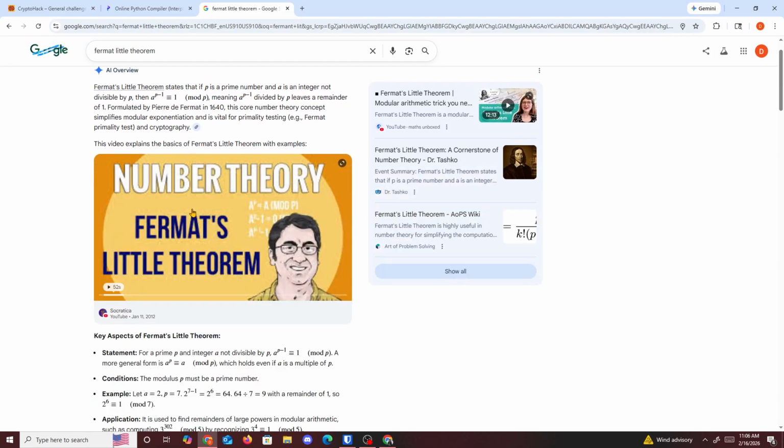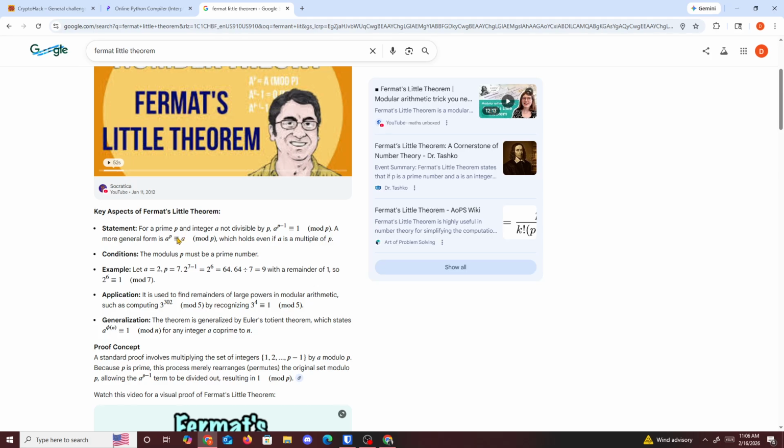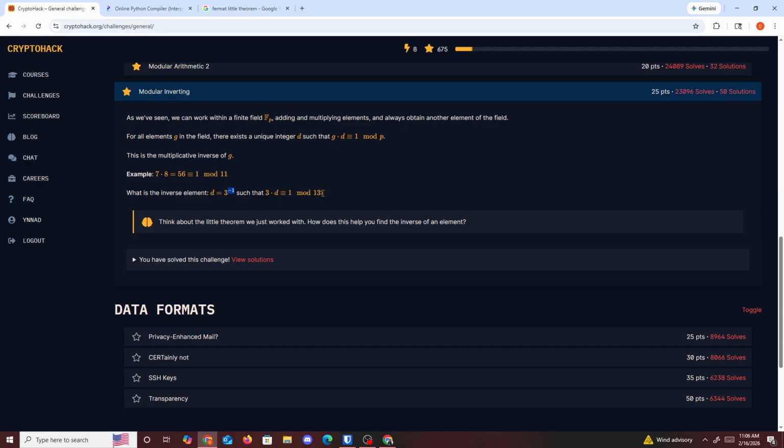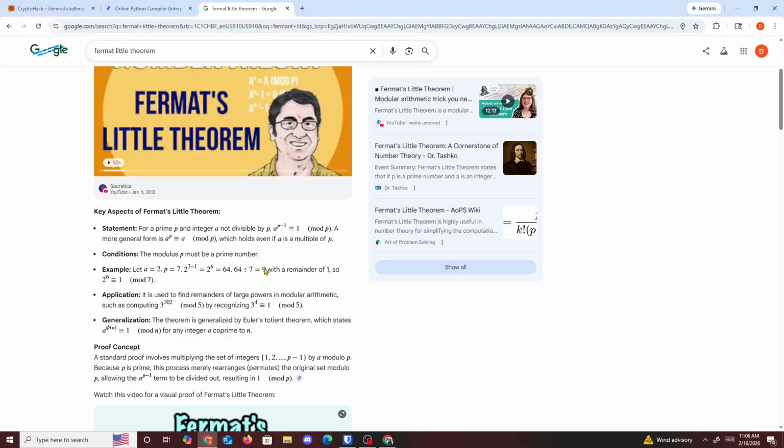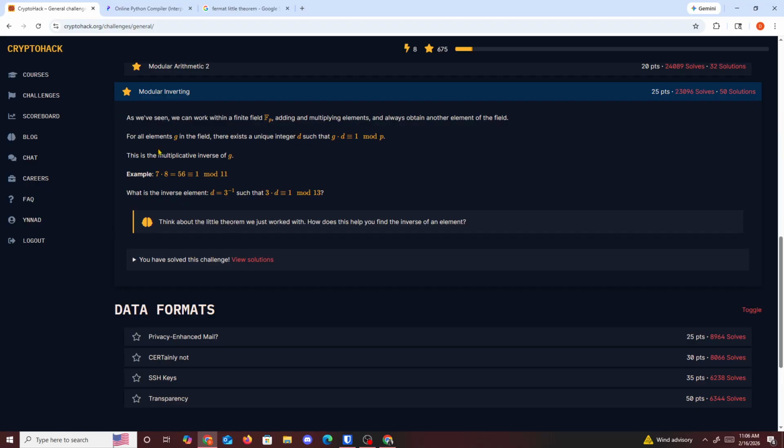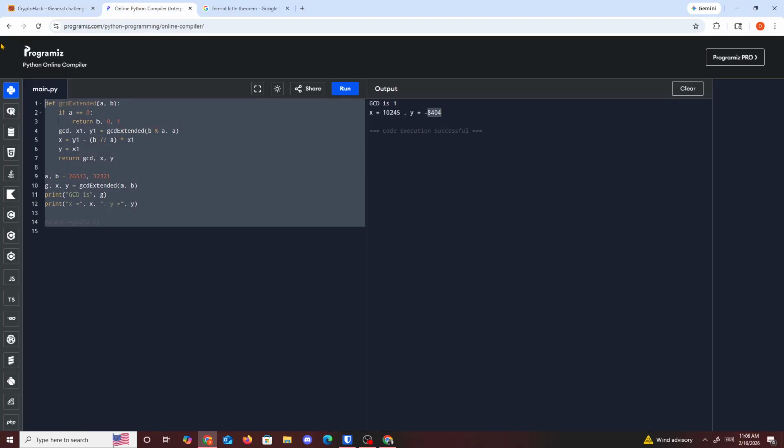So 13 is a prime number, and it can't be divisible by 3. So that means this theorem applies, where it says A to the power of P minus 1 is equal to 1 mod P. So we could solve this simply with Python.